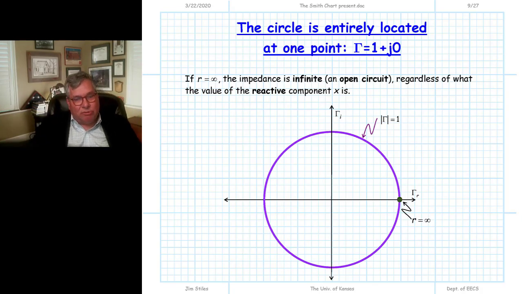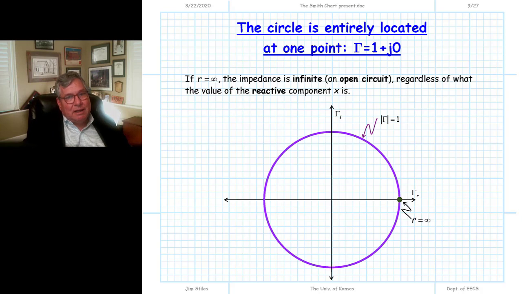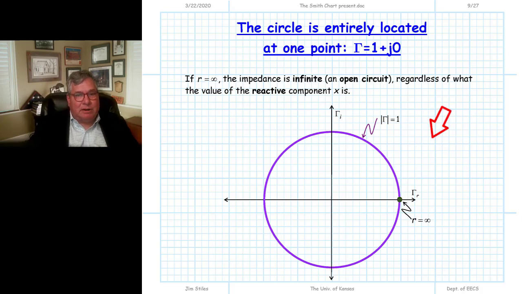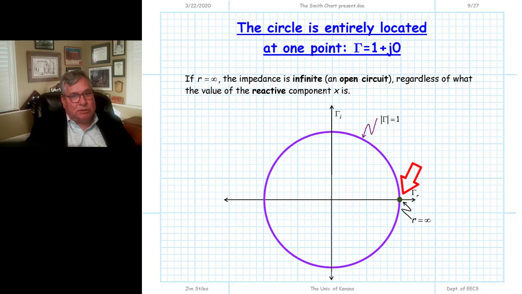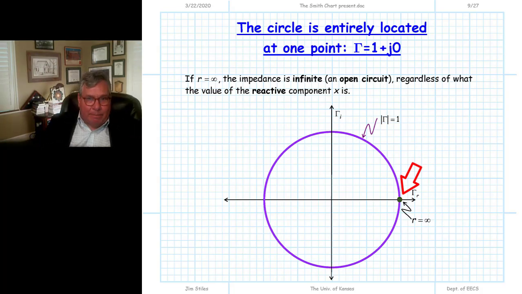Every point on that contour is an infinite distance from the origin. Every point on that contour has a magnitude of impedance equal to infinity, and therefore every point on that contour must map to the same point on the complex gamma plane, that point being that of an open circuit, a point where gamma is equal to 1 plus j0.